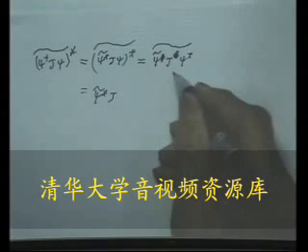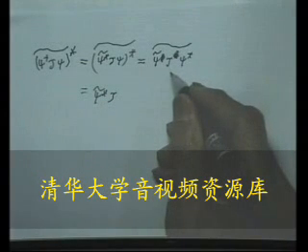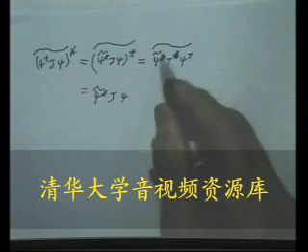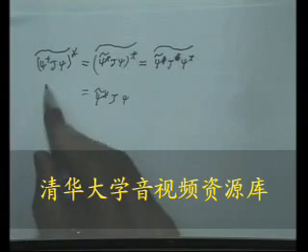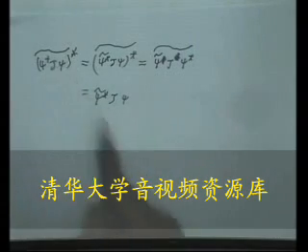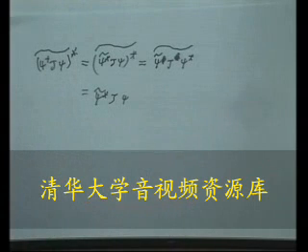Now J is symmetrical, so its tilde is equal to itself. And here I get psi tilde tilde, which is psi. So you see that this number, after complex conjugation, comes back to itself. But it's a 1-by-1 matrix, so that means it's its own complex conjugate, so therefore it's real.